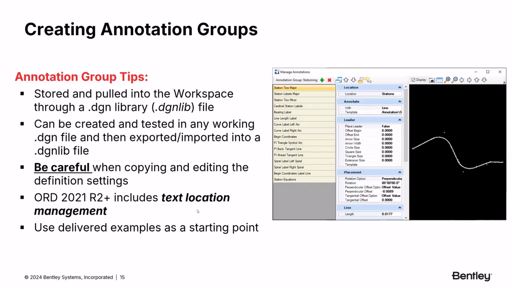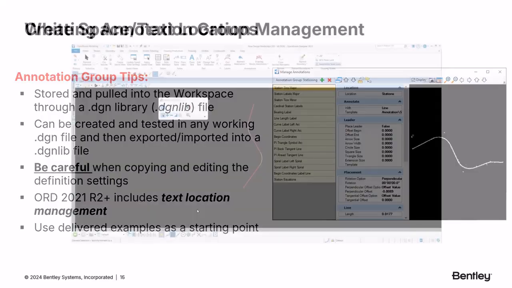Now, one of the last points on this slide that I'll highlight is the text location management enhancement to the product, or at least to annotation groups. That's also referred to as white space management, I think, within our documentation. But from OpenRoads Designer 2021 R2 on, there's a new field that has been included.